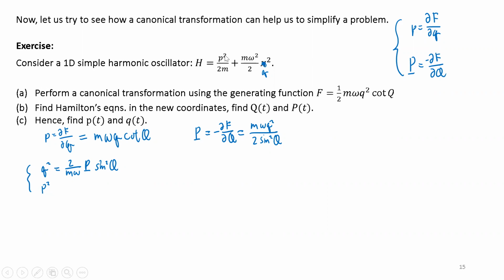For this term here, small p square would be this whole thing squared, which is m square omega square q square cotangent square Q. And then you'll find that this is just this.